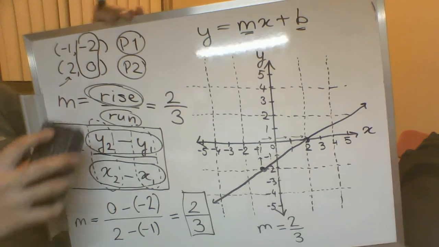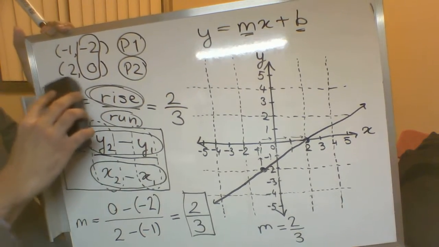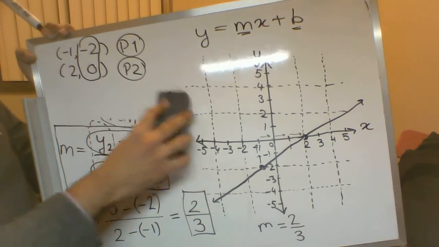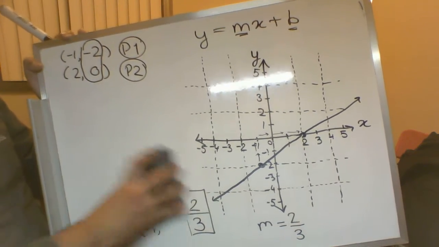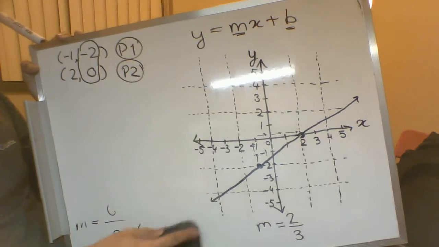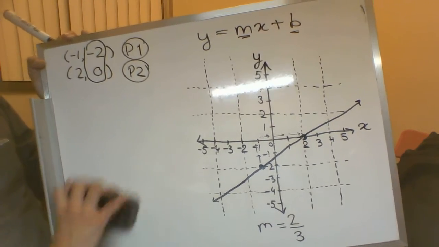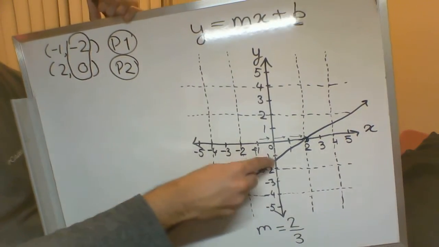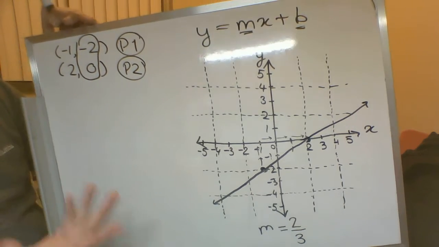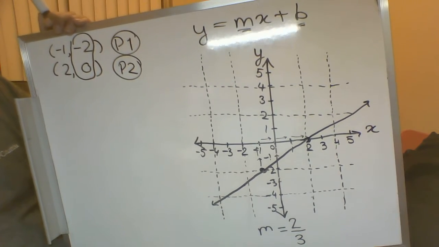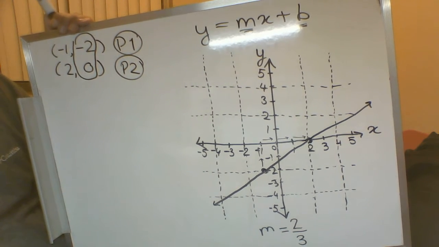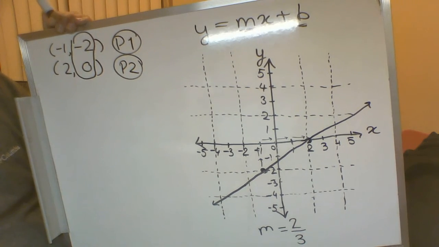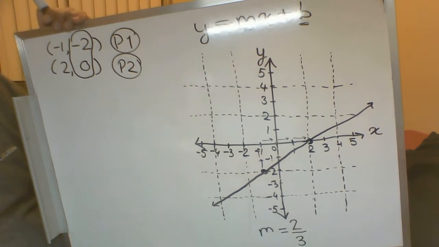Now, here comes another juicy new piece of information. We are going to figure out a new way to find the y-intercept, because we can't simply read it off one of our points. I haven't put a point on the graph and told you the coordinates of this point are 0, comma, and then some number, because that would just be the value of your y-intercept, and we don't have that luxury in this question.